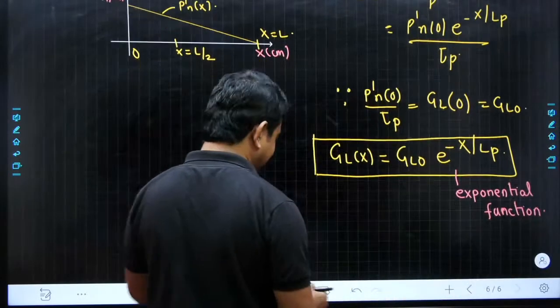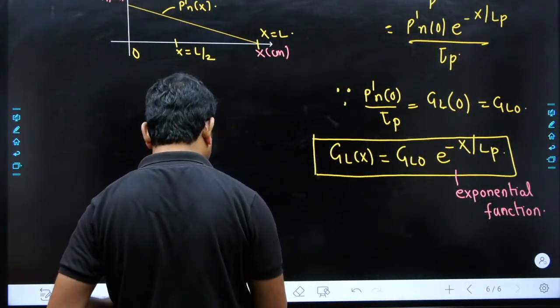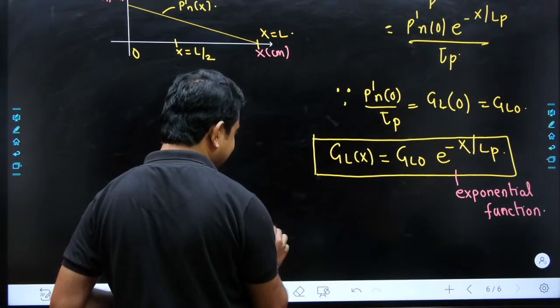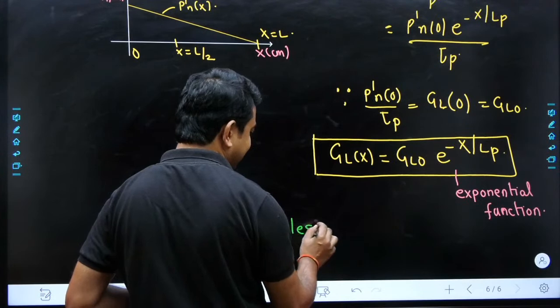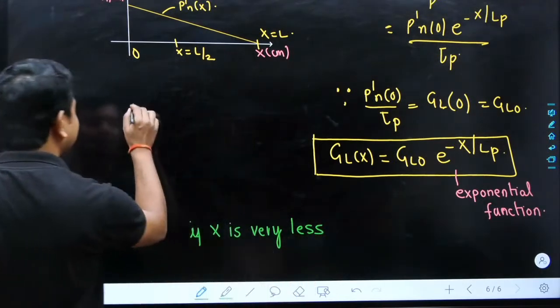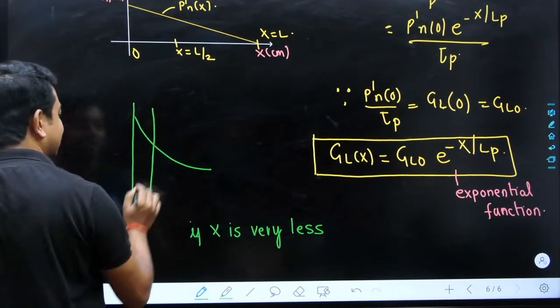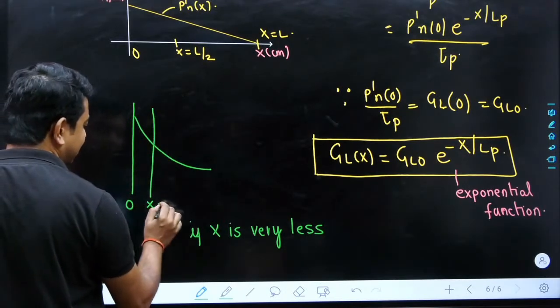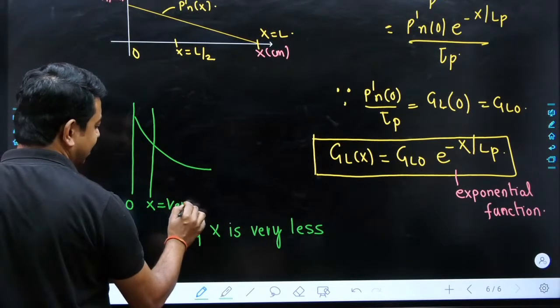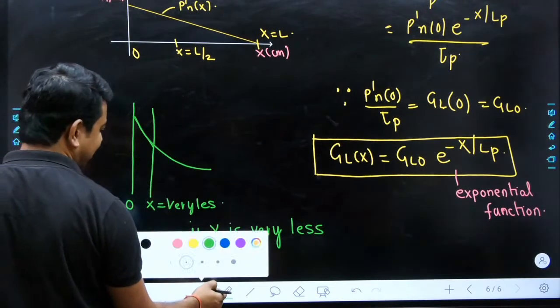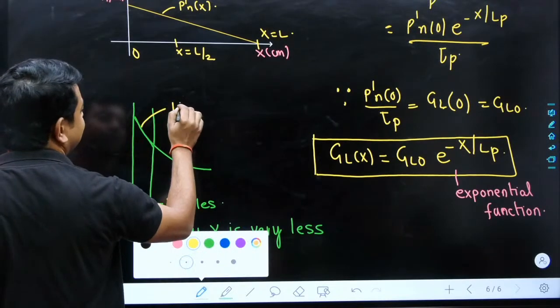If x is very small, then this line is said to be linear.